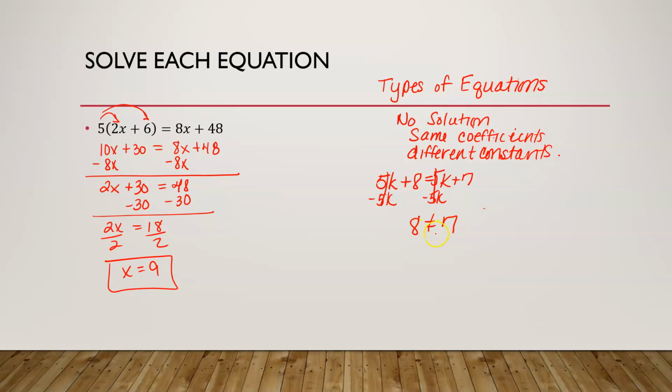So if those two numbers are not equal, your answer is no solution. So you can see the pattern before you even solve it, and you can tell how many solutions you're going to have. So one last option for types of equations here.